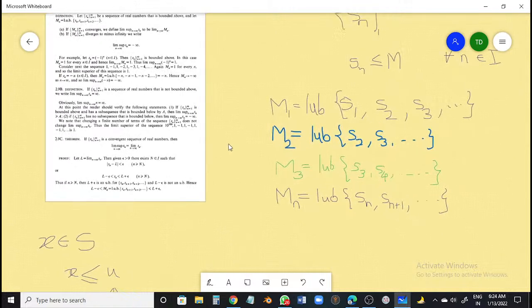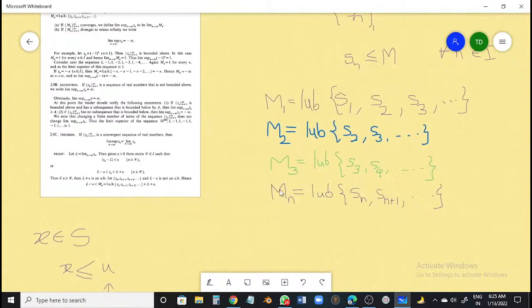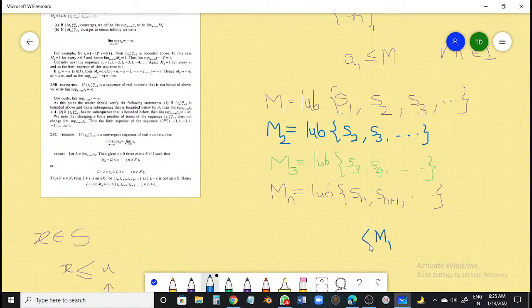So what will happen to these supremums, least upper bounds? Because we have deleted S1, what will happen? M1 will be certainly greater than or at the most equal to M2. Because what?